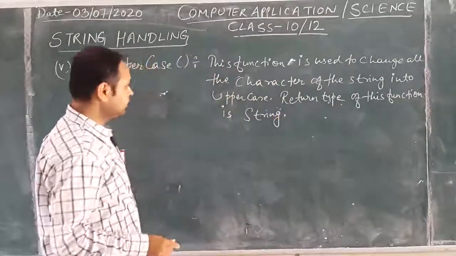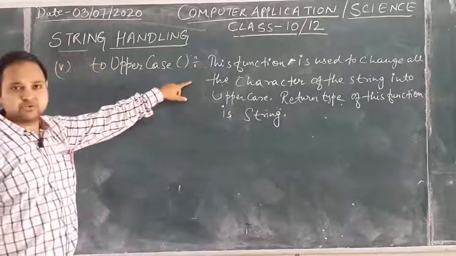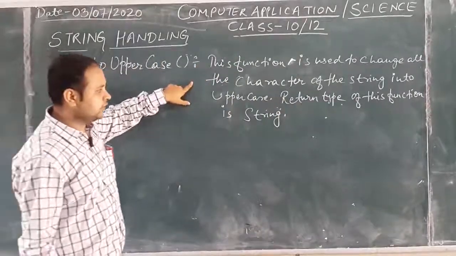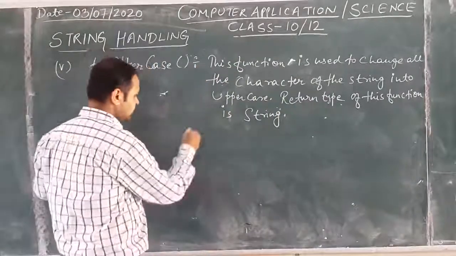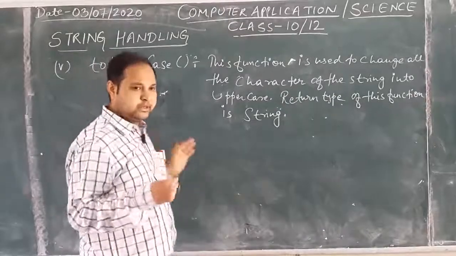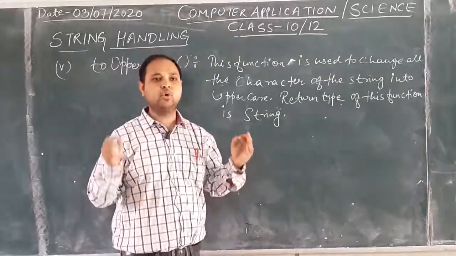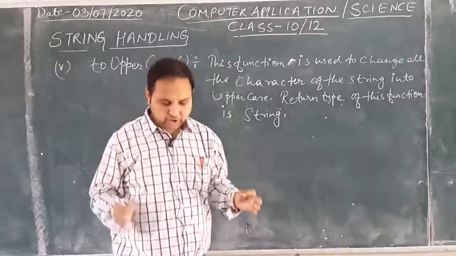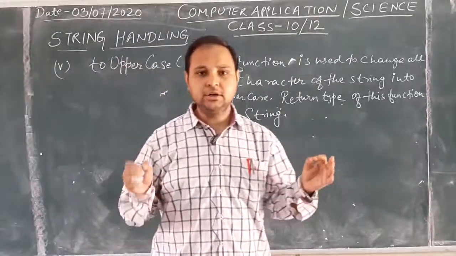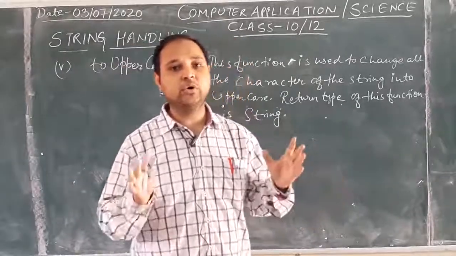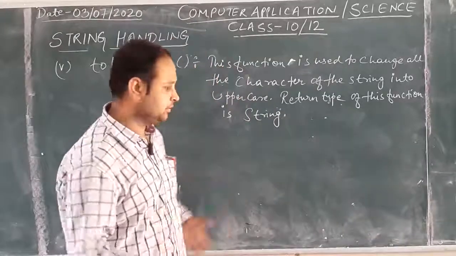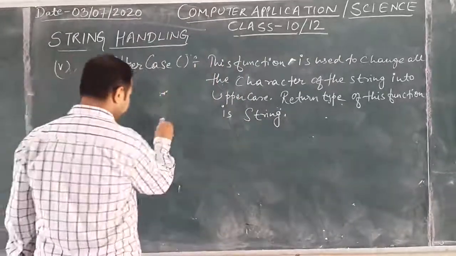Okay, so what is the use of this function? This function is used to change all the characters of the string into uppercase. Now if the letter is already in uppercase, then there will be no effect on it, or if the character is not a letter, then there will be no effect on that particular character. Now I show you the syntax of it.